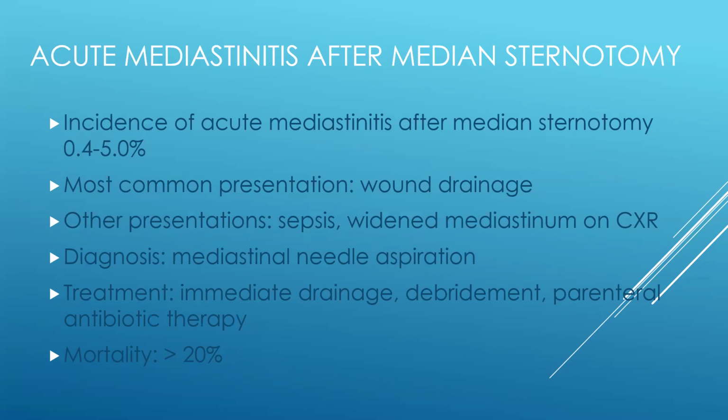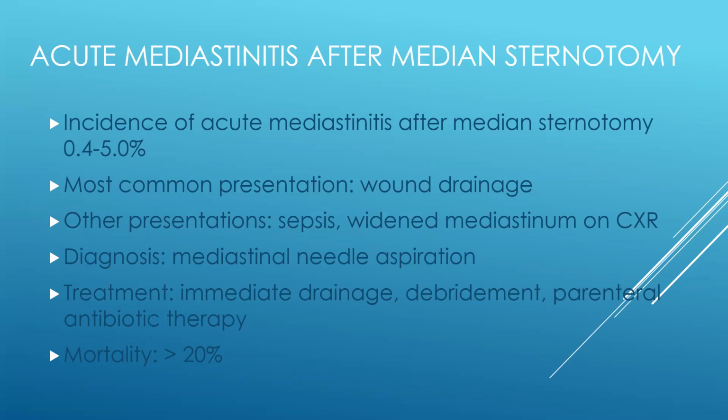Other presentations for these patients would be sepsis, so they're hypotensive, could be febrile. There might be a widened mediastinum on chest x-ray, and to confirm that there is infection in the mediastinum, we would need to do needle aspiration of that fluid. We send that fluid to the laboratory so that we can get a gram stain and culture. For treatment, we would need to do immediate drainage and debridement of the area.